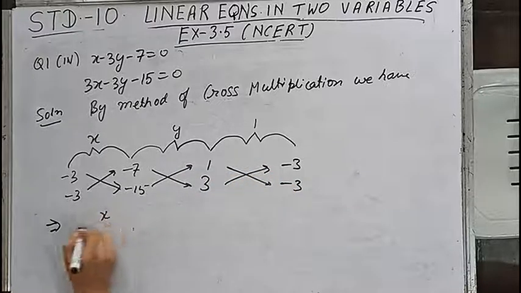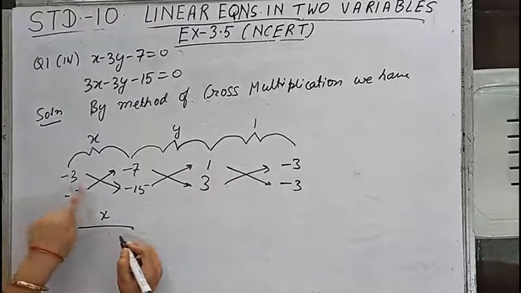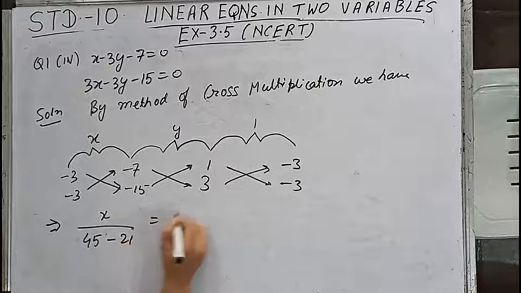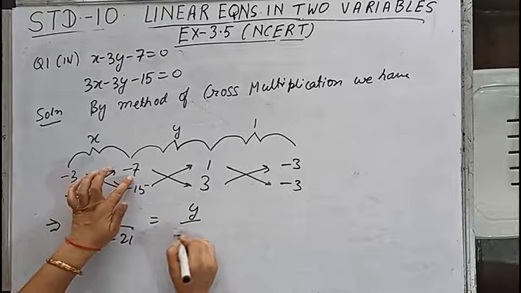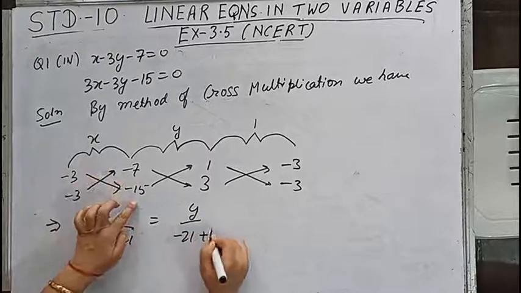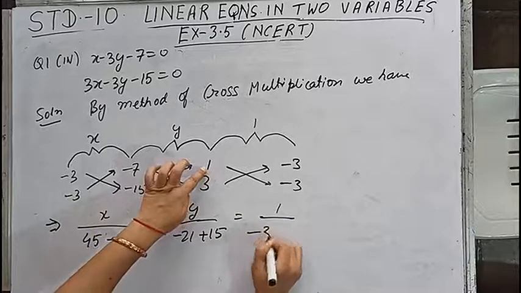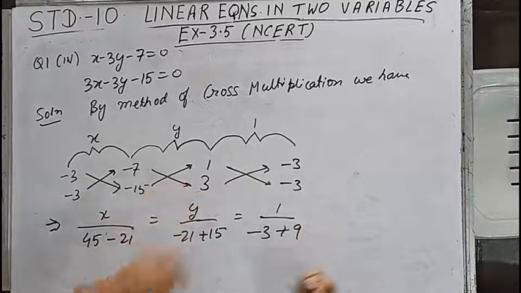this implies x divided by 3 into minus 3 into minus 15 is 45 minus of 21 equals to y divided by minus 21 plus of 15 equals to 1 divided by minus 3 plus of 9.